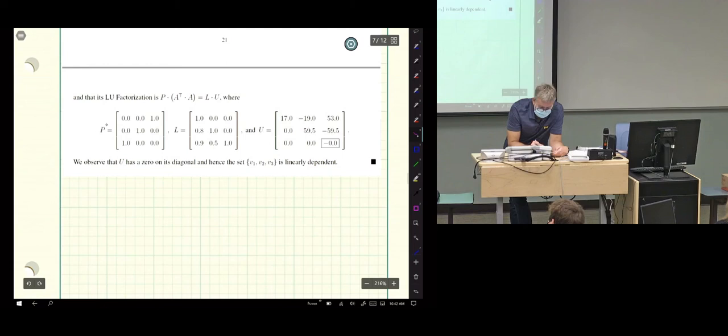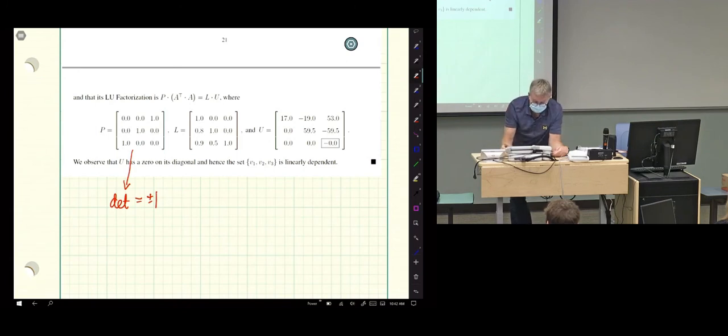But remember that P is a permutation matrix. Its determinant is always equal to plus or minus 1. So it can never cause a 0. That's the whole thing about permutation matrices. L always has 1s on its diagonal. Its determinant is just 1. So the only place we can get this thing having a zero determinant, so there's a non-unique solution to our equation, is if U has a 0 determinant.